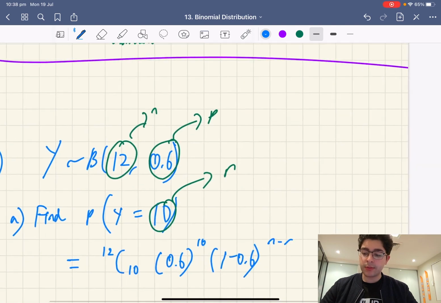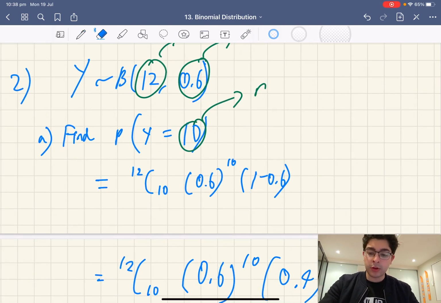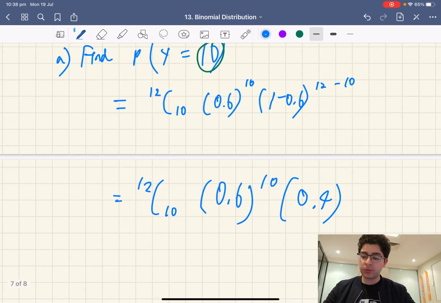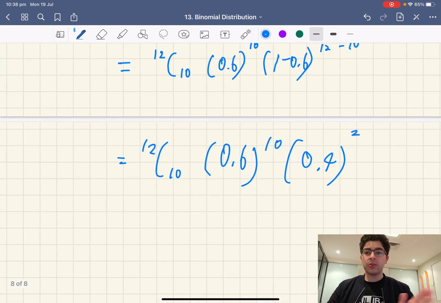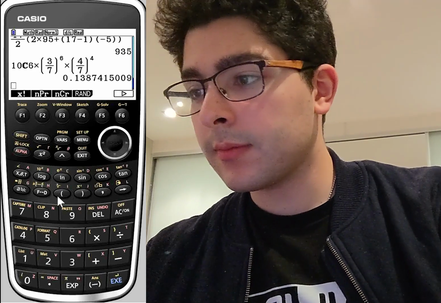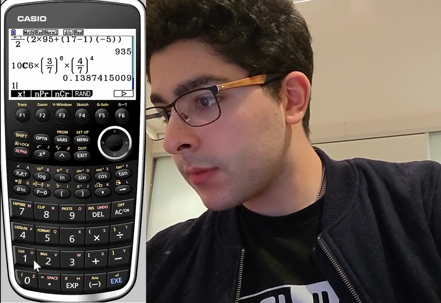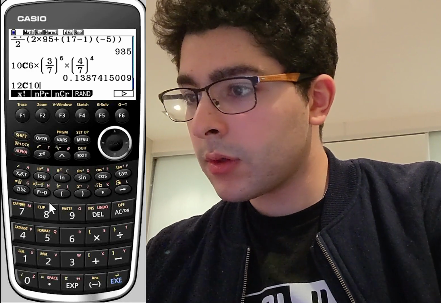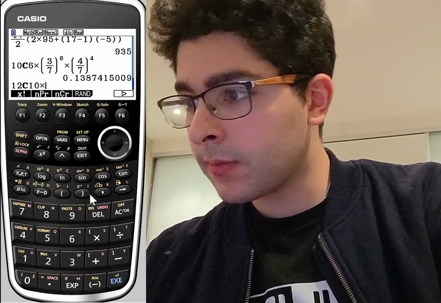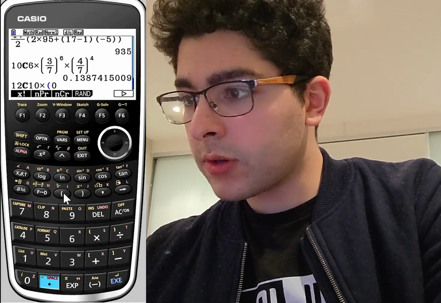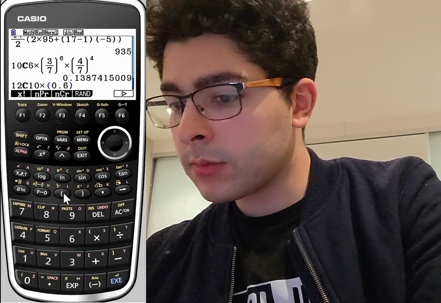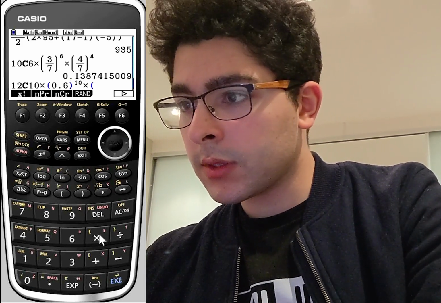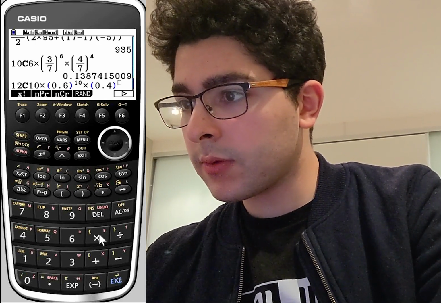Now I forgot to write down n minus r. We said n was 12 and r was 10, so 12 minus 10, which is 2. Then after that, all you need to do is put that in the calculator: 12 C 10, all of that times 0.6 to the power of 10 times 0.4 to the power of 2.